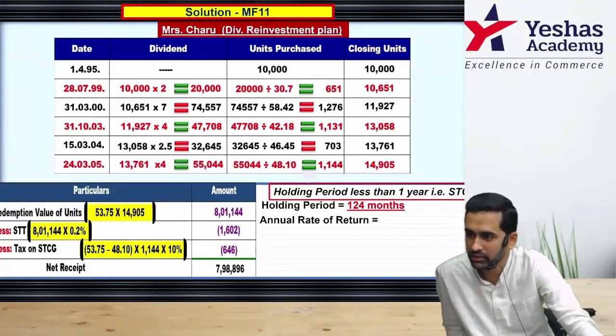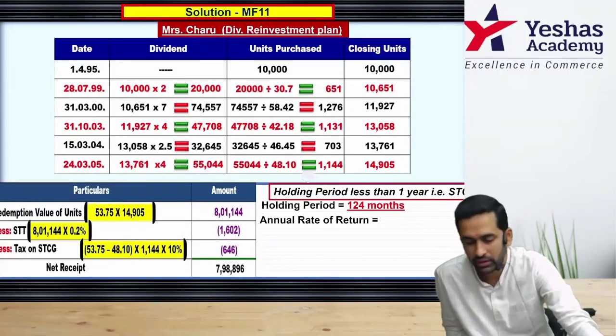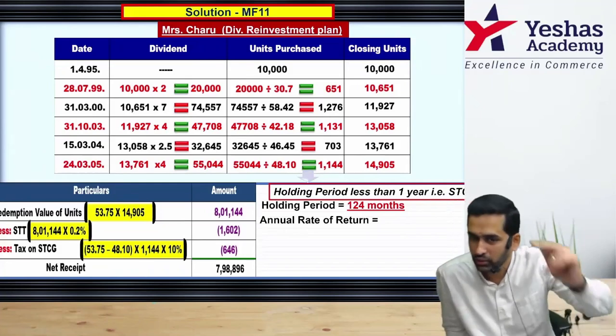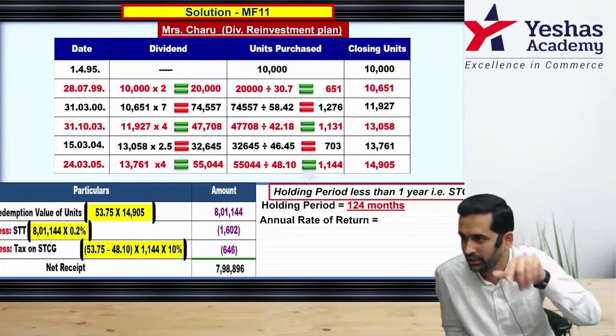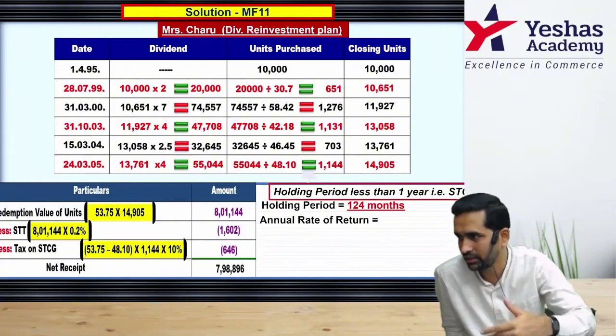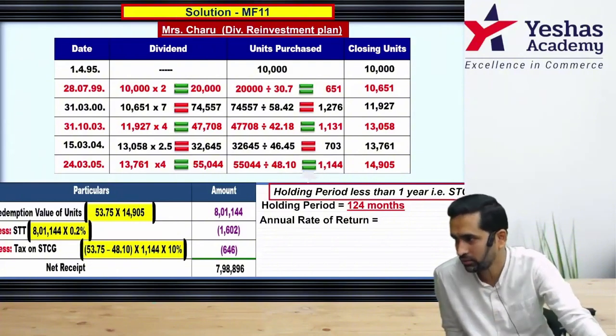How much did you invest? 1 lakh rupee. How much are you getting now? 798,896. In between, some dividend was supposed to come, but it never came to you. So should I consider those dividends also as your income received? Is it actually income even received? Did anything come to your bank account?